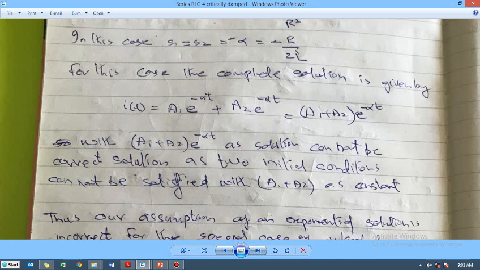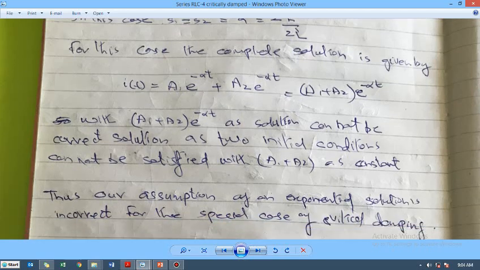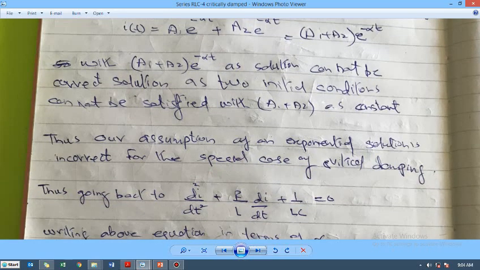So with two initial conditions, you just cannot solve it, because two initial conditions cannot be satisfied with this single constant A1 plus A2. So what is wrong here? The assumed solution is wrong.